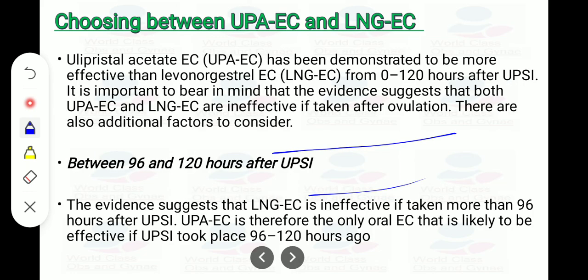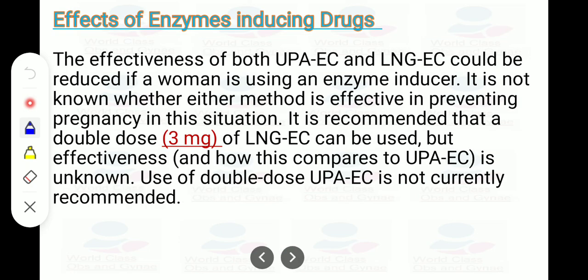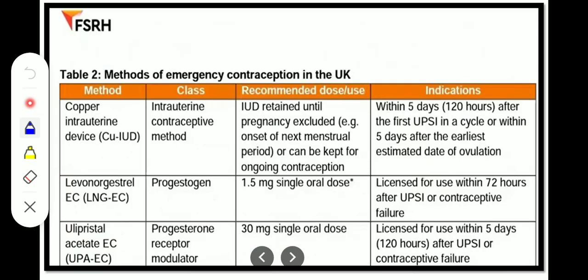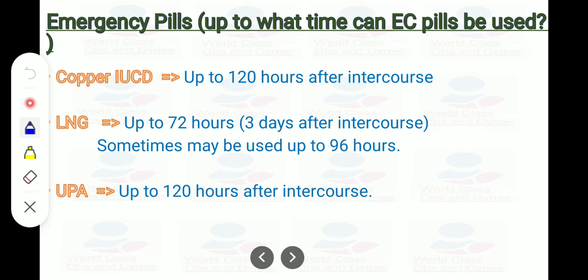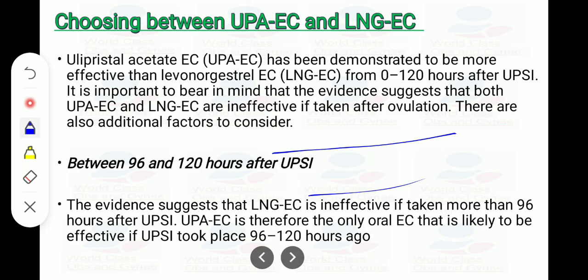Now the question arises: if we are not giving a copper IUCD, what should we choose between these two pills, ulipristal acetate or levonorgestrel? Exam MCQs come related to this point as well, where you are given both options and must choose. Ulipristal acetate has been demonstrated to be more effective than levonorgestrel from 0 to 120 hours after UPSI.